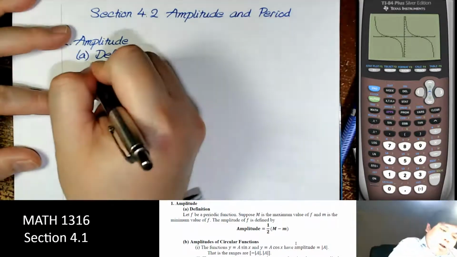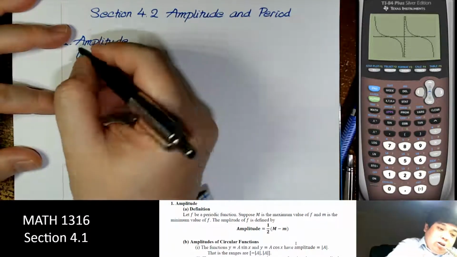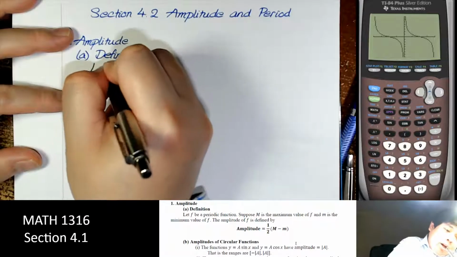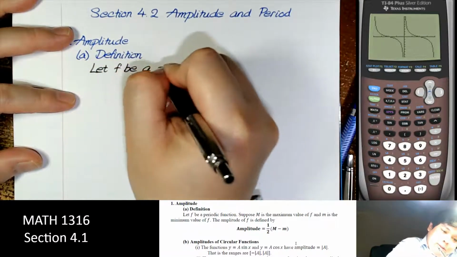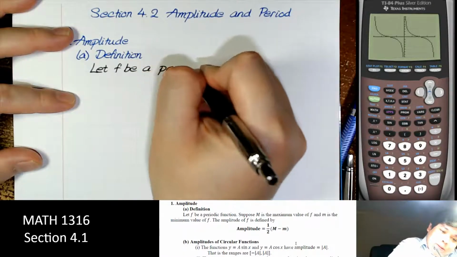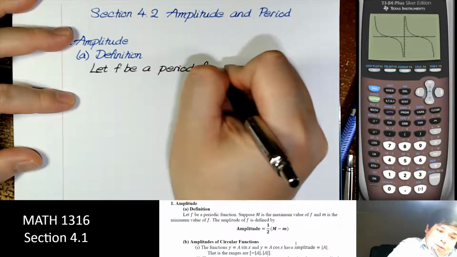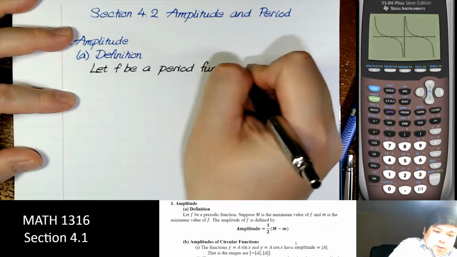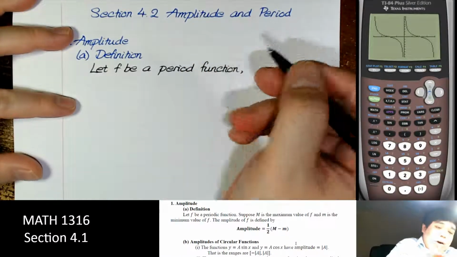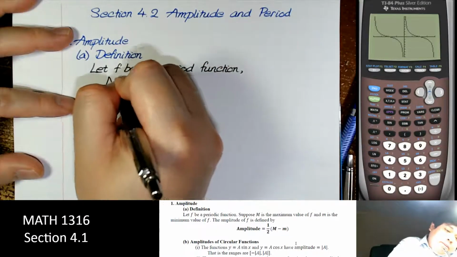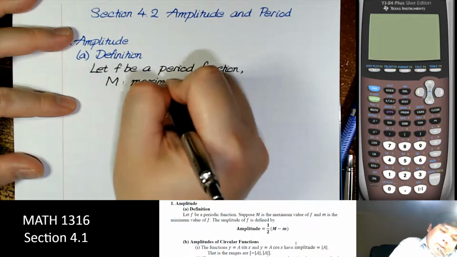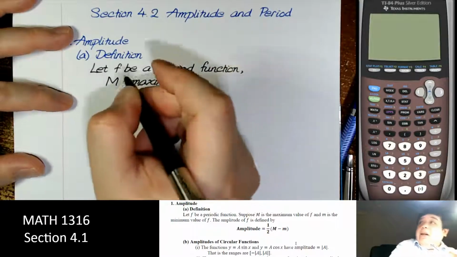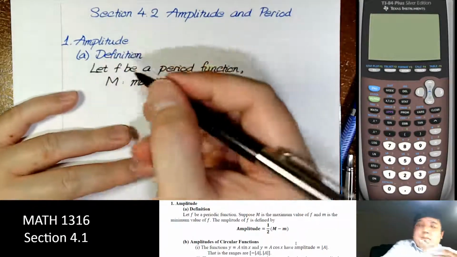So first of all, let f be a periodic function, so it will be repeated. We define the big M as the maximum and the little m as the minimum.